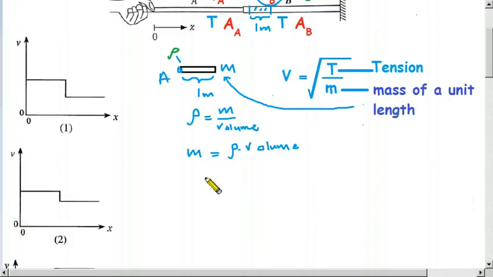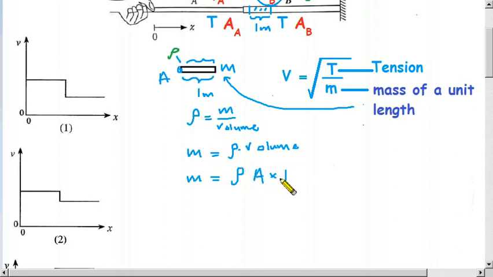So what is the volume? This one is a cylinder. So the volume is the length L times the cross-sectional area. But we know here the length is 1 meter, therefore this L is going to be 1, so we don't have to write it.